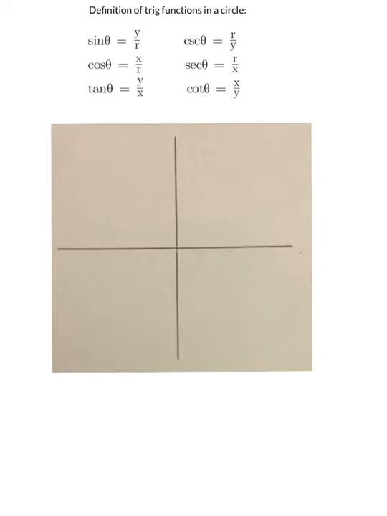We are going to use this figure to help us think about the signs of the various trig functions in the quadrants. So if you are in quadrant 1, your x is positive and your y is positive. Now think about what r stands for. R stands for radius of a circle.